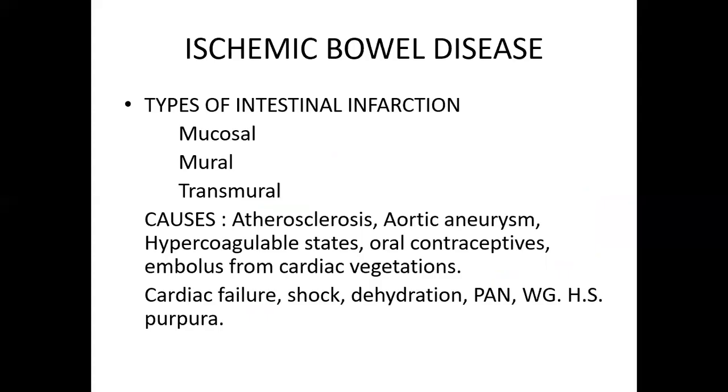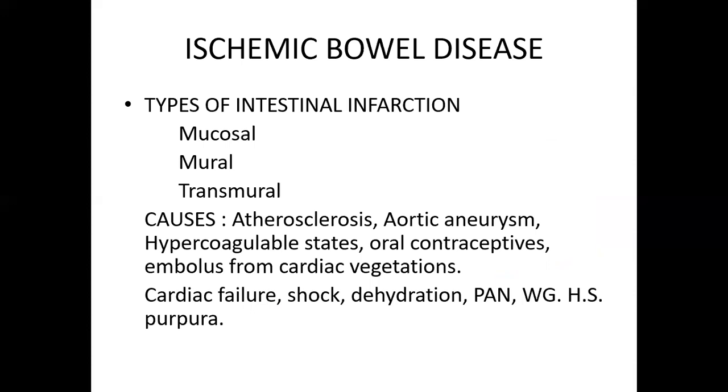So then is ischemic bowel disease. There are 3 types of intestinal infarction. One is mucosal, second is mural, and third is transmural. Mucosal is when there is only involvement of the mucosa of the intestine.